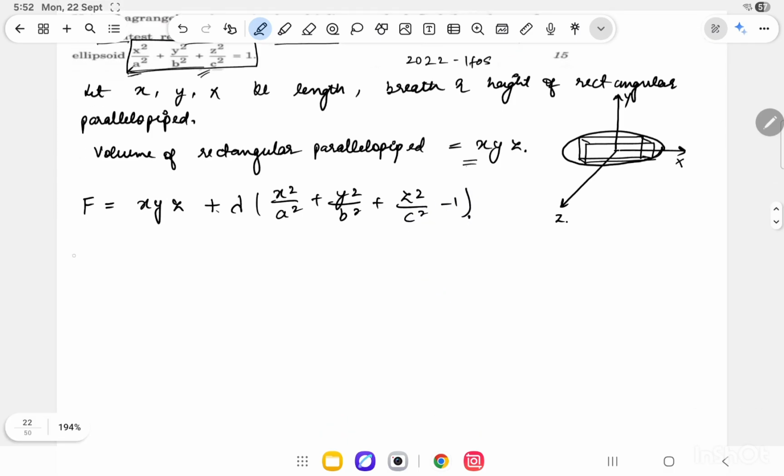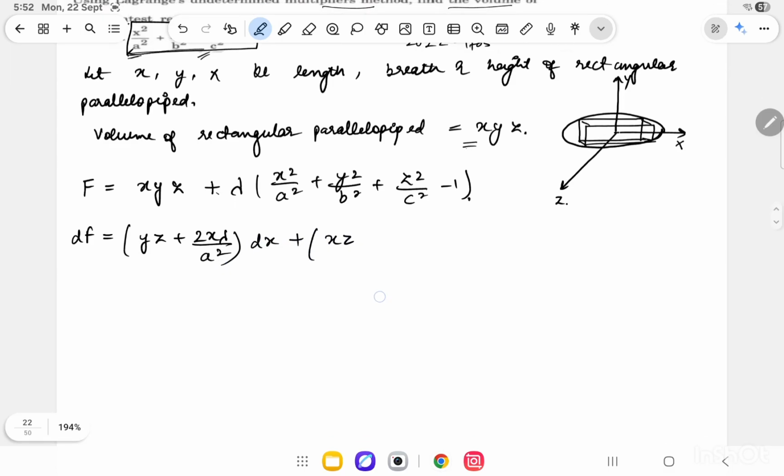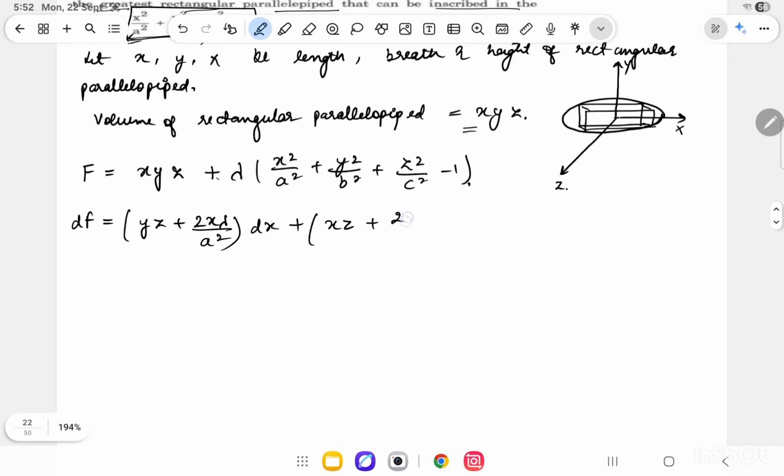Now if we take its total derivative, that will give me yz plus 2x lambda by a square into dx, plus xz plus 2y lambda by b square into dy, plus xy plus 2z lambda by c square into dz.